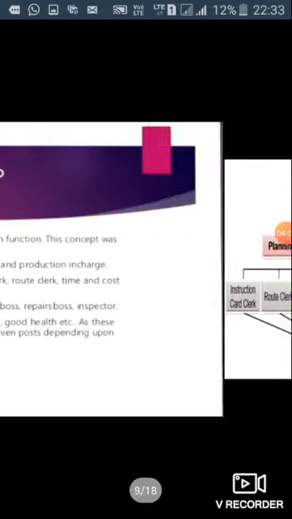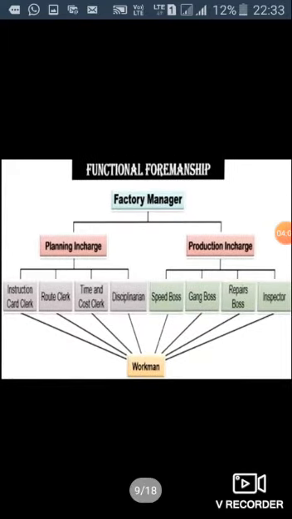So let us see what it is all like. Here you can see the factory manager, where we have split the managers into two types: planning in charge and production in charge. Under the planning in charge, you have instruction card clerk, route clerk, time and cost clerk, disciplinarian. Under the production in charge, speed boss, gang boss, repair boss, and inspector. So these are the people who are working in the organization, and these people are instructing only one worker.